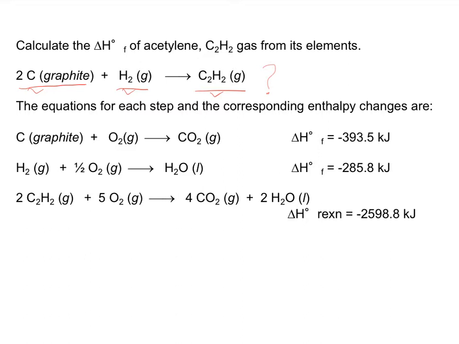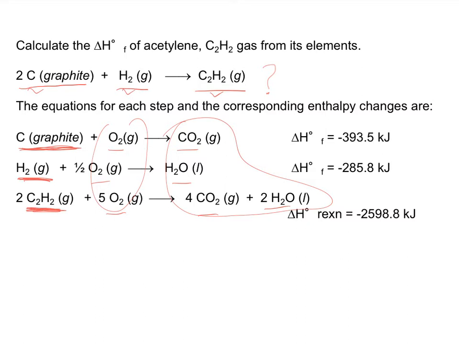We have carbon in the form of graphite in this place, hydrogen, H2, in this place, and acetylene in this place, and we also have oxygen, carbon dioxide, and water. We'll try to get rid of all of these molecules.